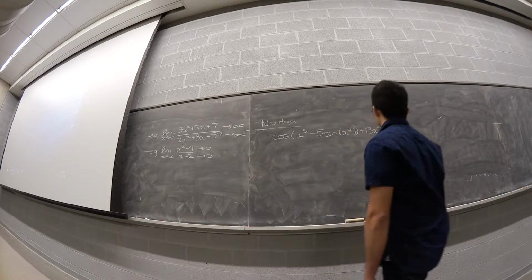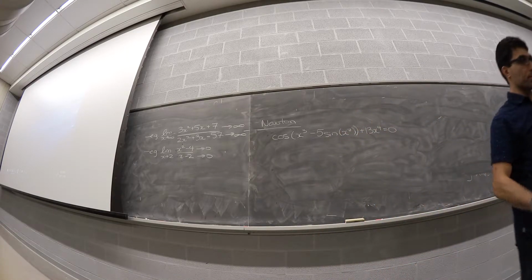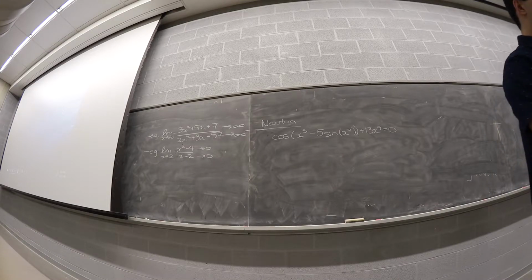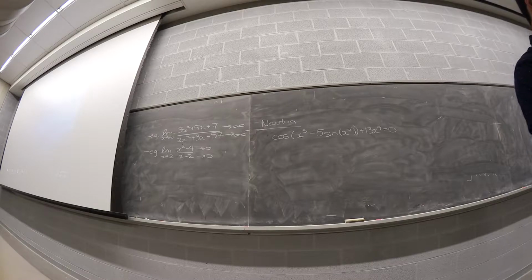All right, suppose we're trying to solve this thing for some sick reason. The point is that your calculator won't do this in one step. Computer's freaking out right now. 7 plus 13x to the 4.